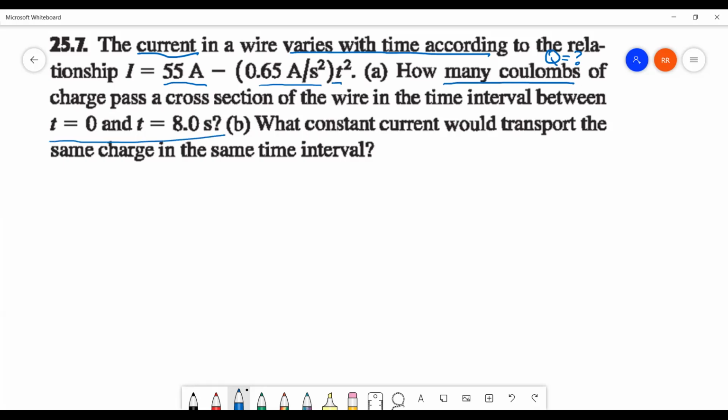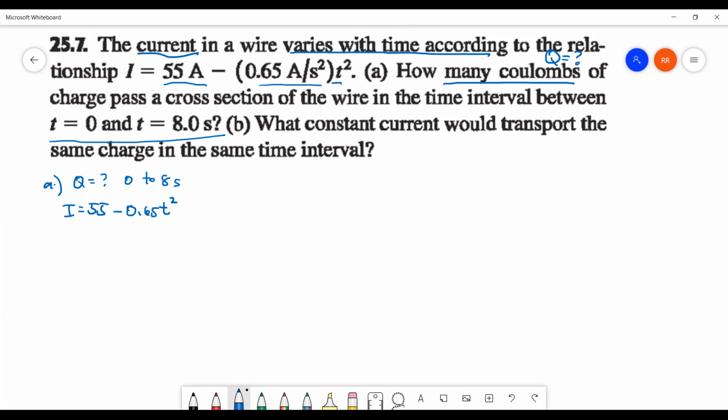So for letter A, we are to determine Q from 0 to 8 seconds, knowing that current varies with time according to this function. 55, I'll drop the units first, minus 0.65 t squared. So as time increases here, you know that the current changes because you have a quadratic equation, right?